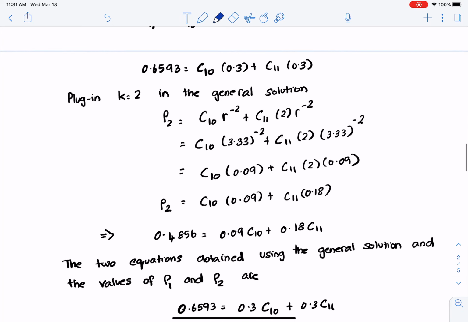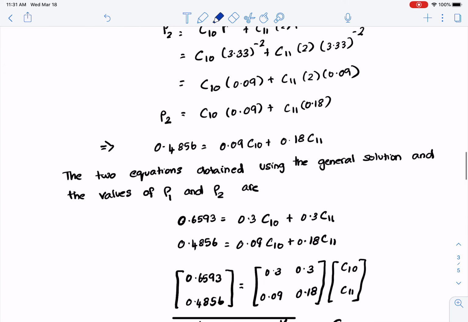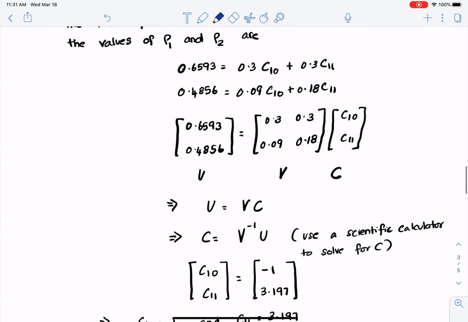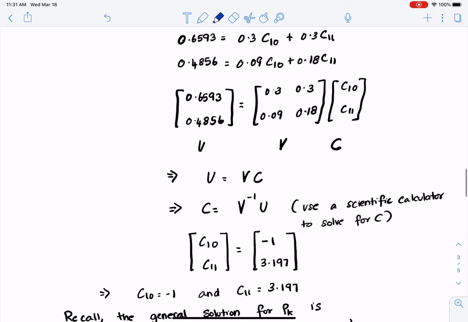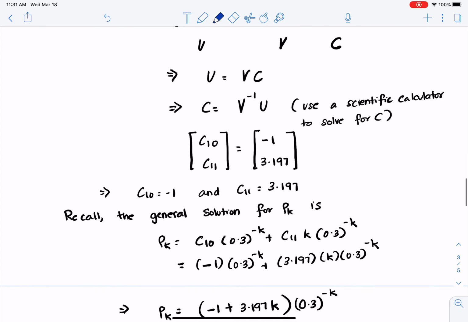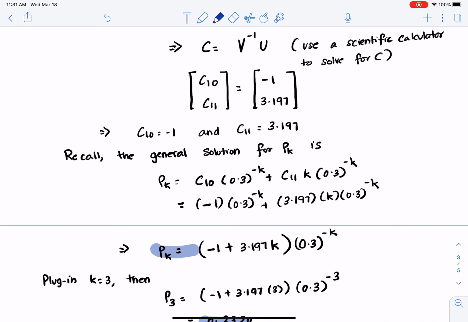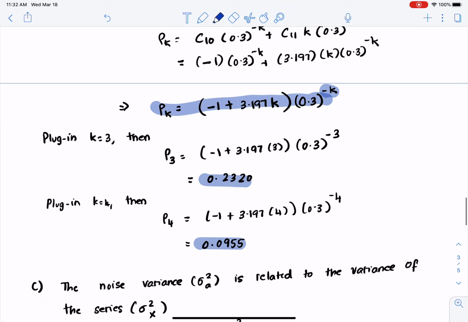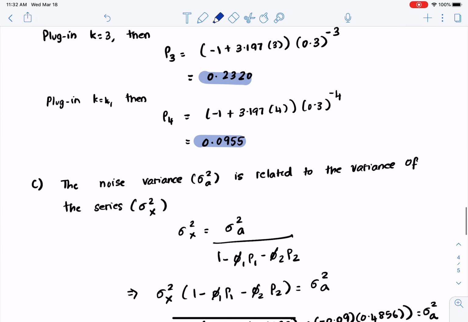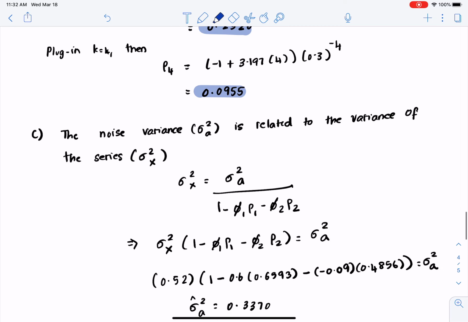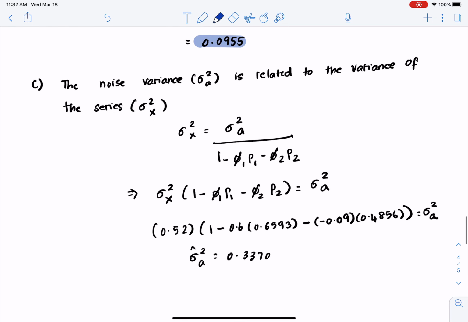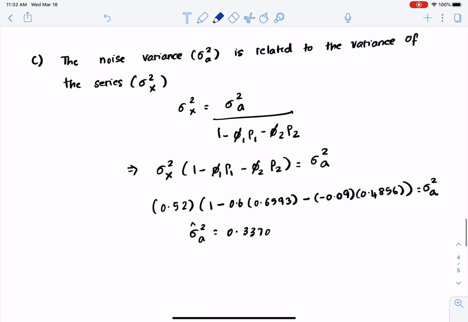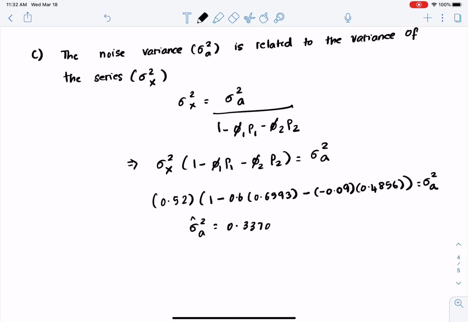Once we have the values of C10 and C11, we plug them into the general form to get that general expression, and we can plug in different values of k to find rho 3, rho 4, and so forth. The noise variance is related to the variance of the series using that formula. Now that we have phi1, rho 1, phi2, rho 2, we can simply find the variance of noise by plugging in the values that we know.